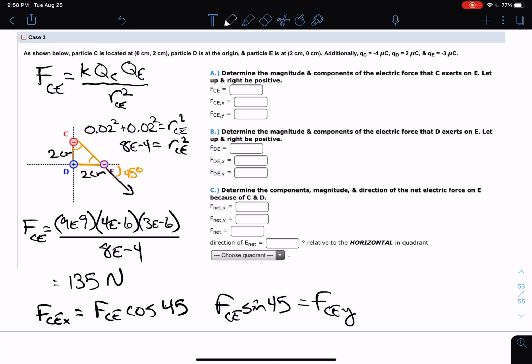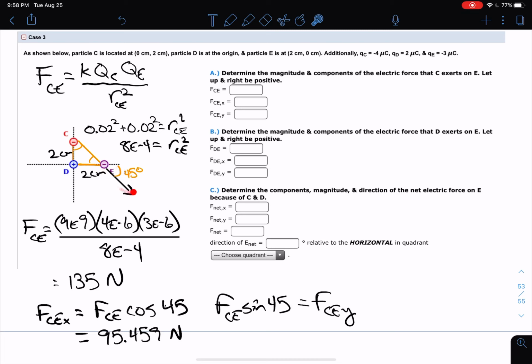And so that's just going to be 135 times cosine of 45. And that's 95.459 newtons.